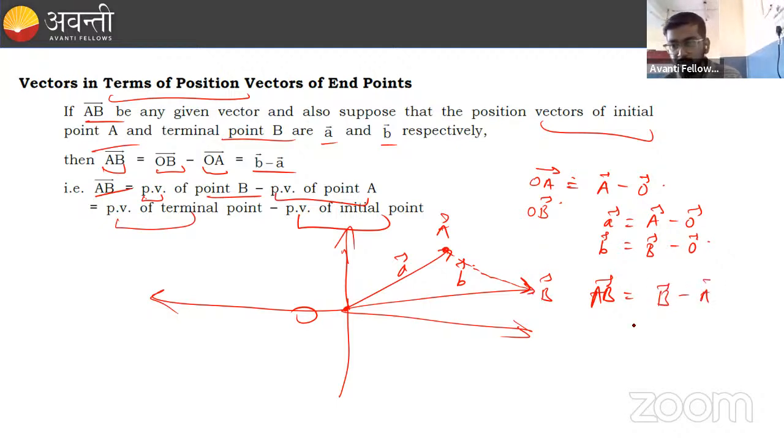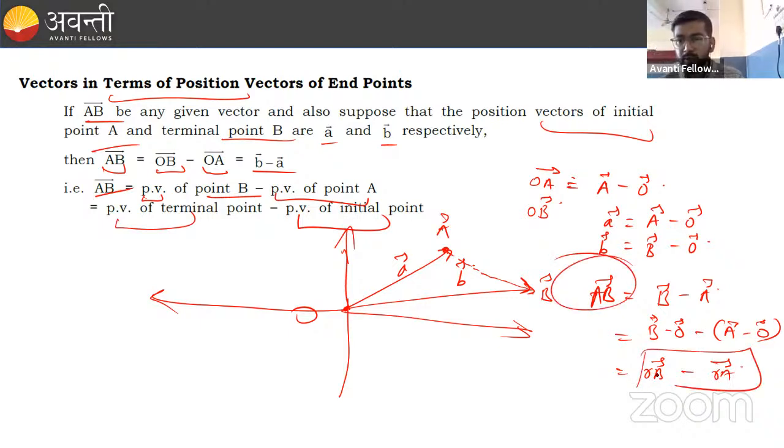Similarly, B bar minus A bar can be written as B bar minus O bar minus A bar minus O bar. So B bar minus O bar becomes OB bar, and A bar minus O bar becomes OA bar. Therefore AB bar can be written as OB bar minus OA bar. So this is the proof.